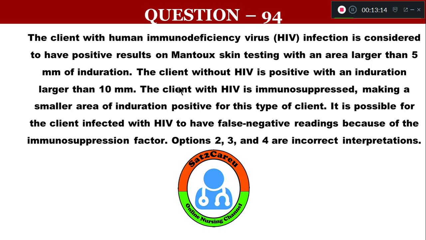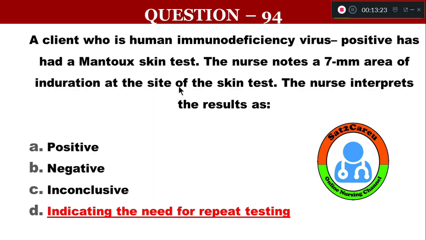So hence options 2, 3 and 4 are incorrect. So here the right answer is option 1, not option 4. So the nurse notes the 7 mm area, which indicates it is positive. Option D is wrong.